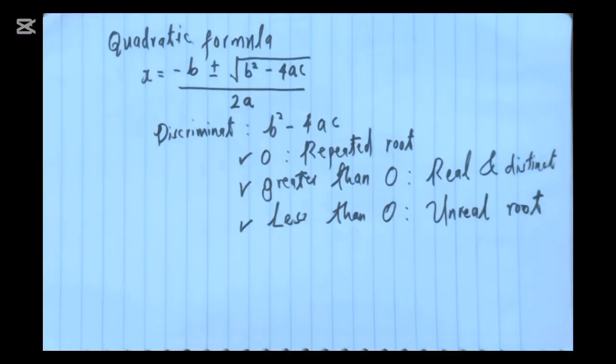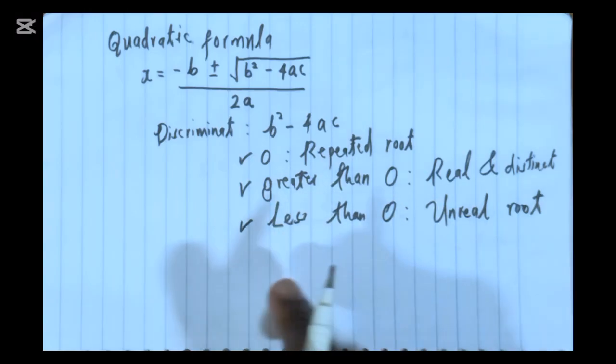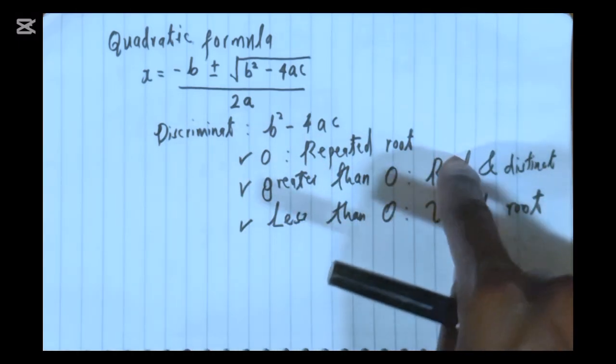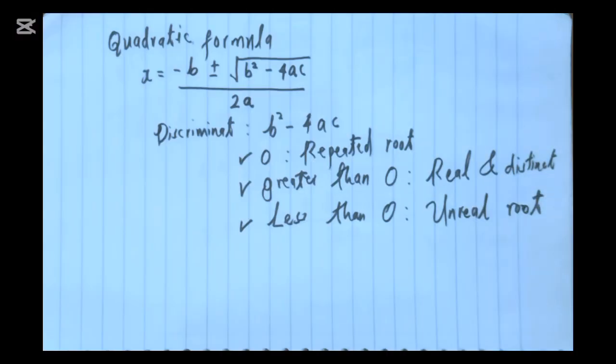At this particular level, we won't be focusing on solving quadratic equations with unreal roots, that is, imaginary numbers or complex numbers. We are mostly going to focus on solving quadratic equations that have repeated roots, or those that have discriminants greater than 0, therefore being real and distinct.